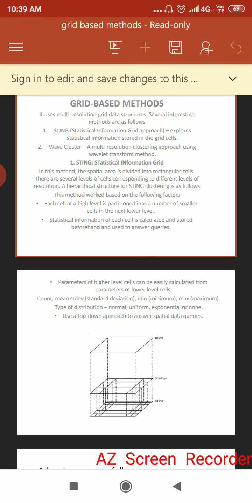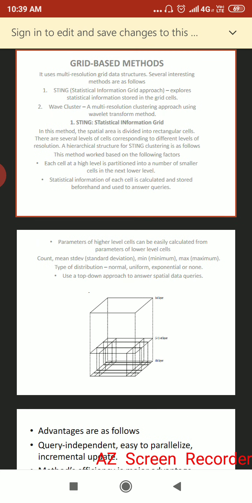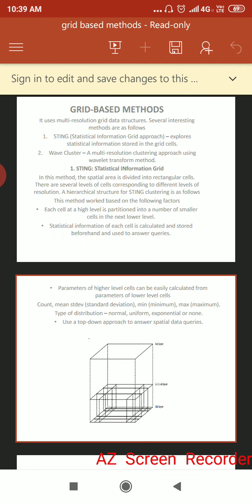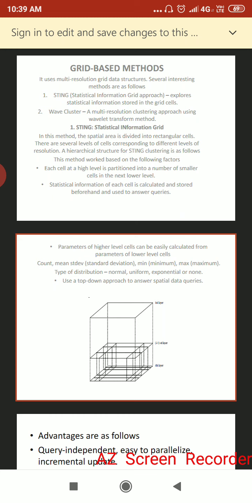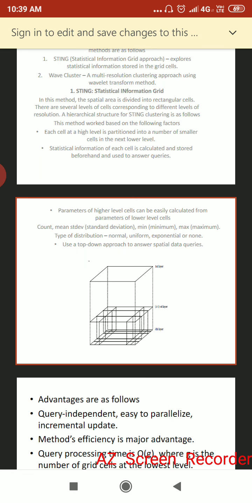So the total grid is divided into a number of levels, and on each level we calculate and store the data in these grid cells. Each cell at a high level is partitioned into a number of smaller cells. The statistical information of each cell is calculated and stored, and this data is used to answer queries.